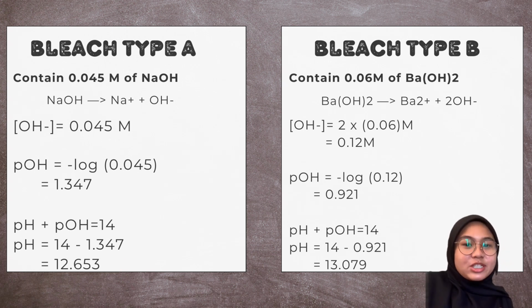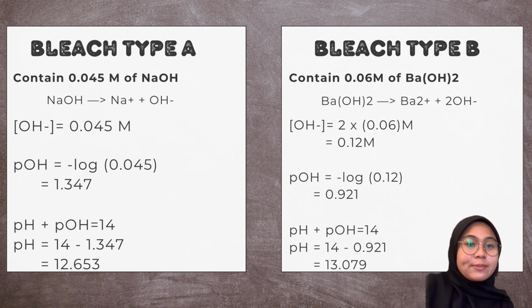Next, we calculate the bleach B. Bleach B contains 0.06 molar of barium hydroxide. So the equation is BaOH2 produce Ba2 plus with 2 OH minus. So the value of OH minus is 2 multiplied with 0.06 molar, and we will get 0.12 molar. So next, we have to find the POH value. So the POH is equal to negative log 0.12, we will get 0.921.